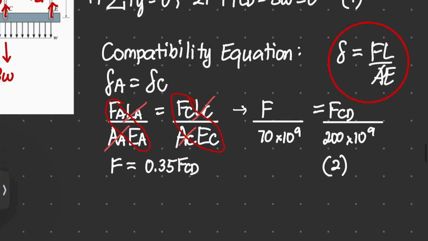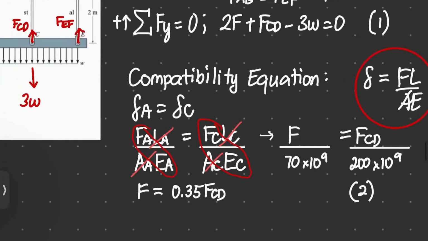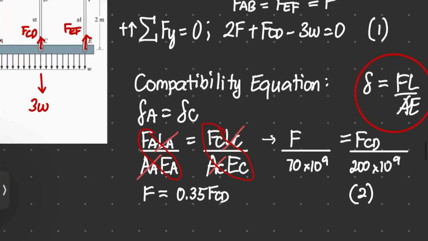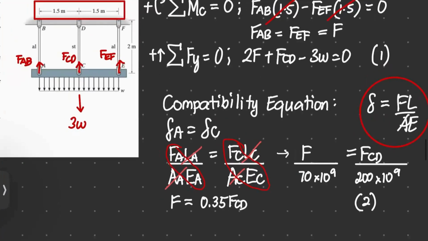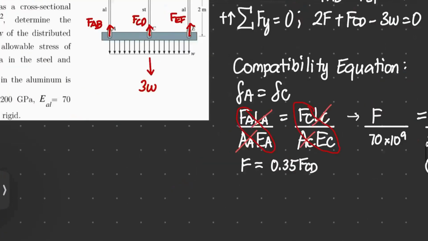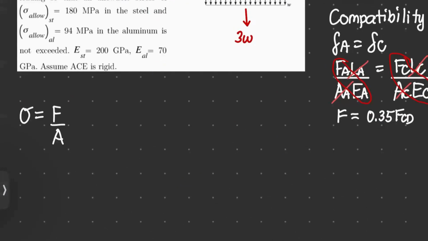Now, we want to assume first the failure to happen at FAB and FEF. By it failing there, the simplest relation is sigma is equal to F over A, where sigma is our allowable stress and A is our cross-section.